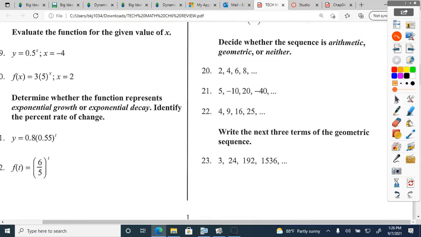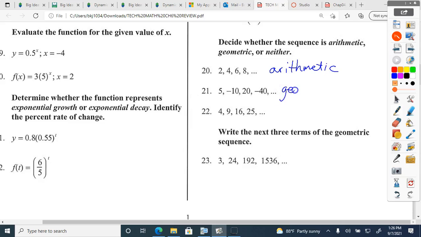Number 20. All you have to say is geometric, arithmetic, or neither. Okay? So, what about 20? Arithmetic. They're adding what every time? 2. Okay? How about that one? Geometric. What are they multiplying by every time? -2 every time.